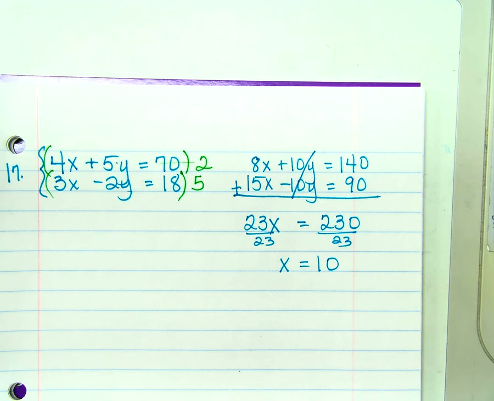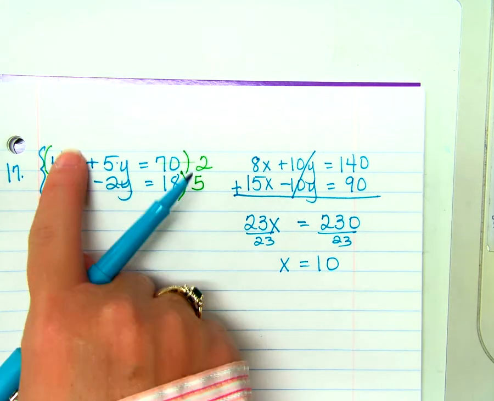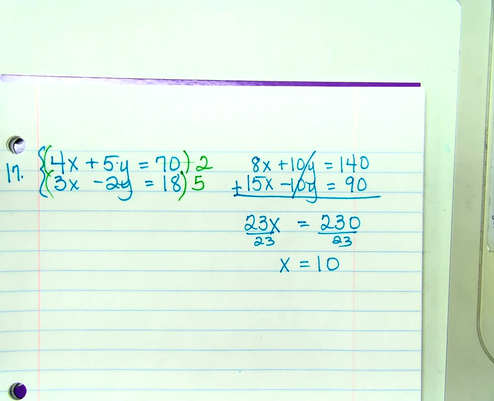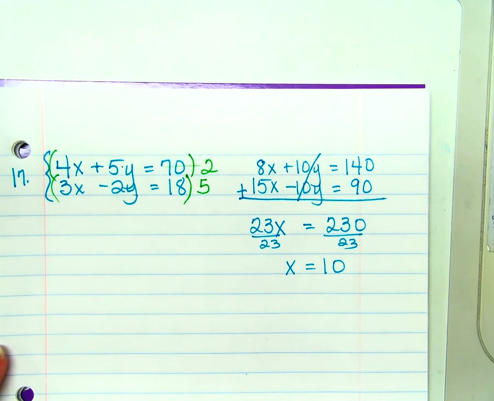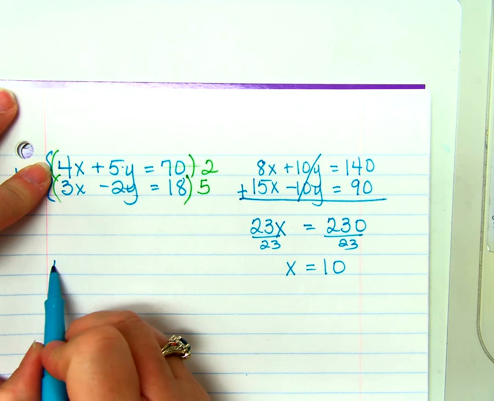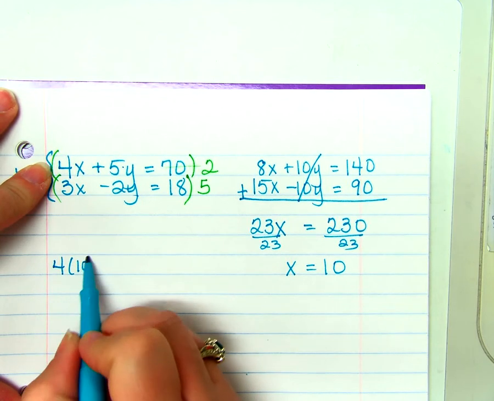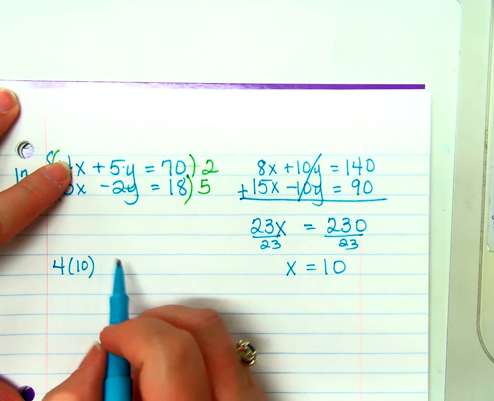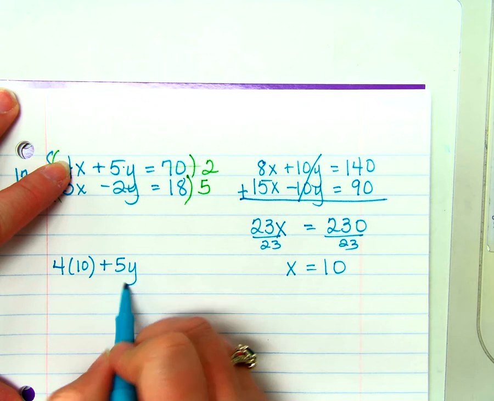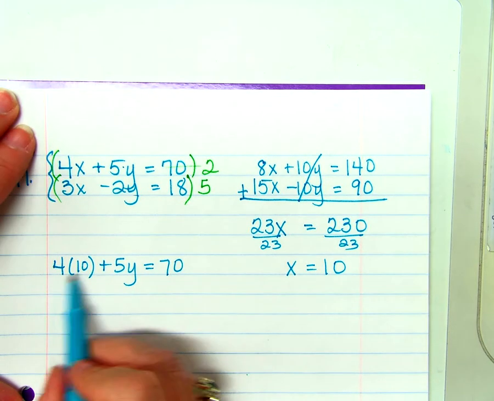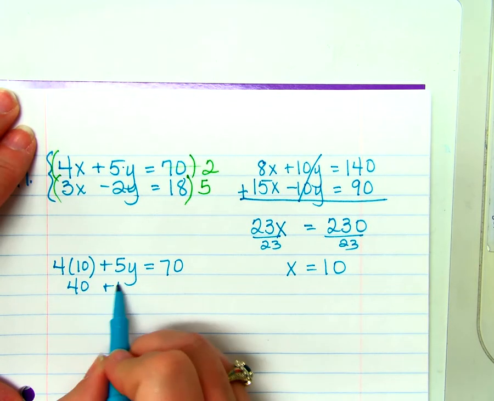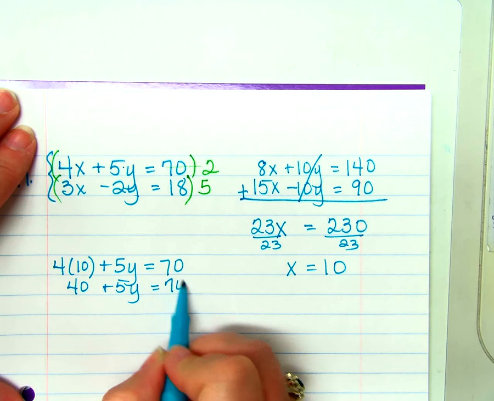Now I'm not done, remember. I have to take this x value and put it back into one of these original equations to find my y value. Again, it does not matter which way you do it. Just choose one of them and go with it. I'm going to choose the first one. 4 times 10 plus 5y equals 70. 4 times 10 is 40, plus 5y equals 70.